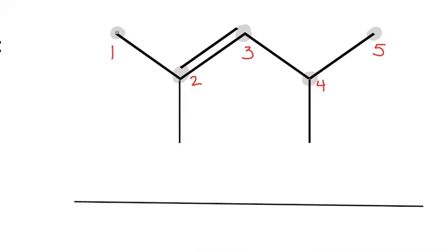So again, when it comes to naming my parent chain, these are my 5 carbons. Pent, because we have 5 carbons. Ene, because we have an alkene.